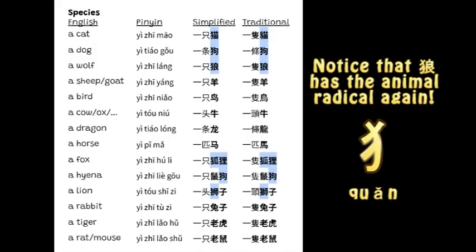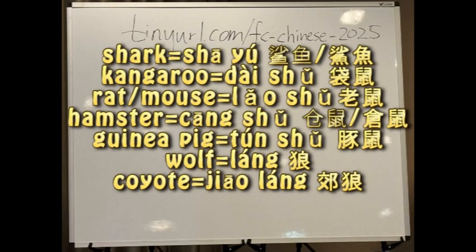So you can see that's the writing. You can see that it has that side again, that you can call the animal side, I guess. The side where we're writing for that. So coyote. The word I like is 郊狼, kind of like suburb wolf, kind of, for first tone.